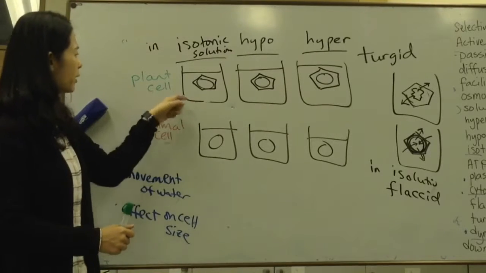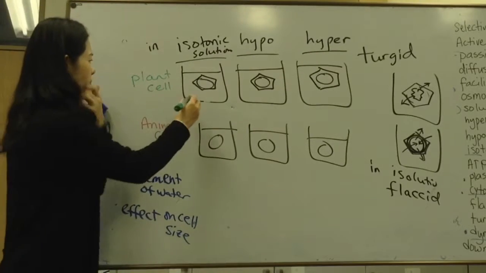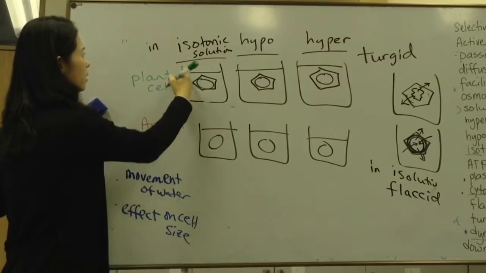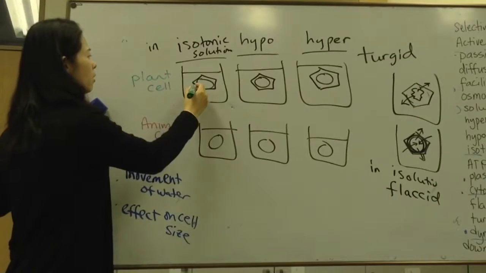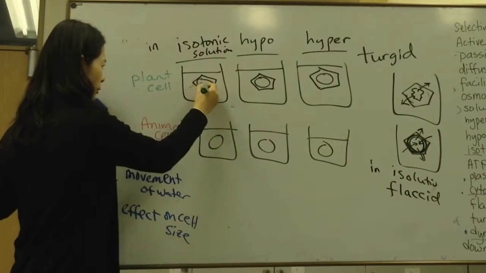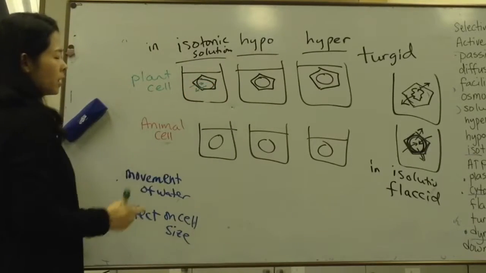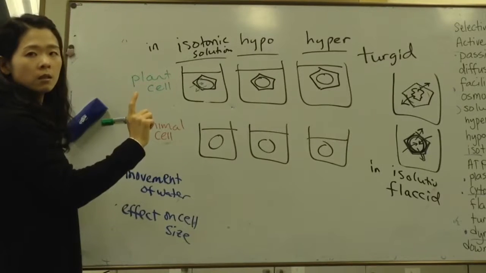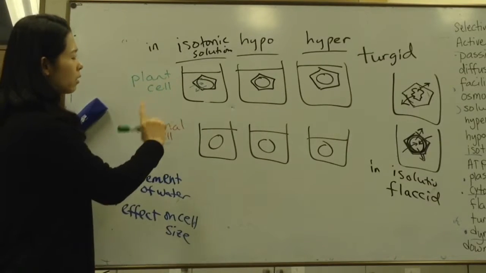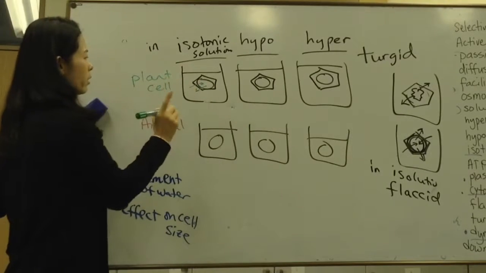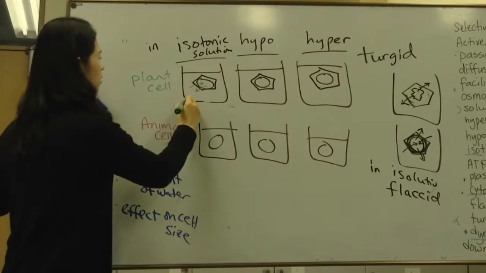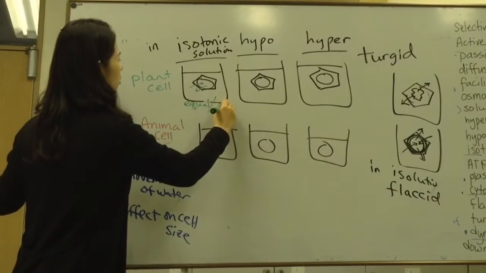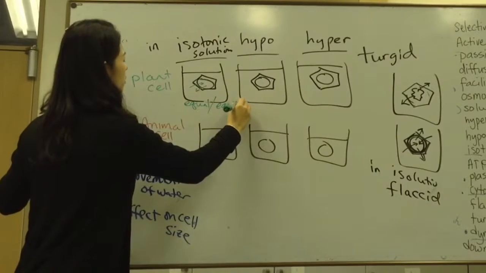So, how will water move here, in plant cell in isotonic solution? Where would I draw an arrow? There's no net movement. It's equal in the rate of movement of water. Equal. It's already in equilibrium.